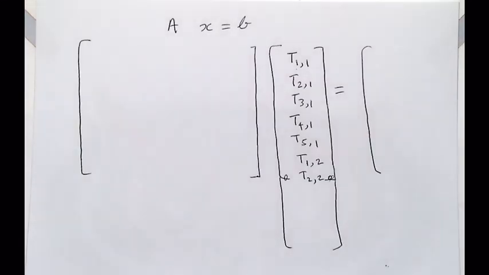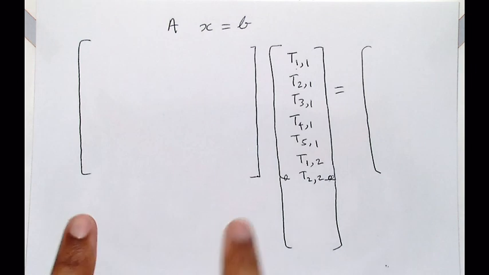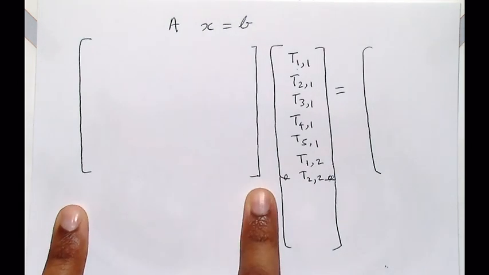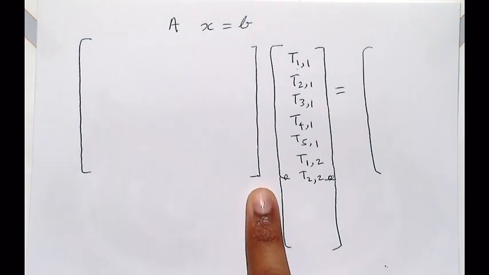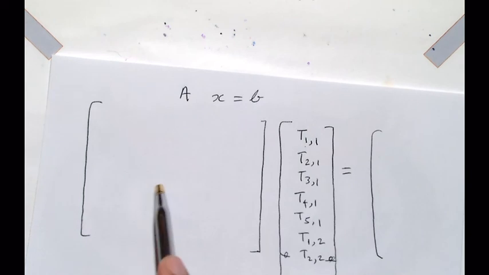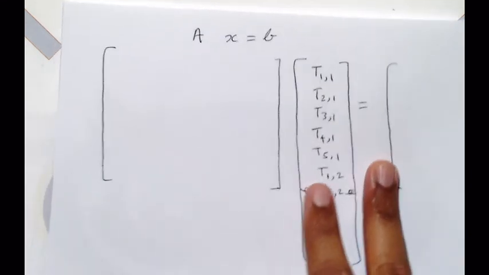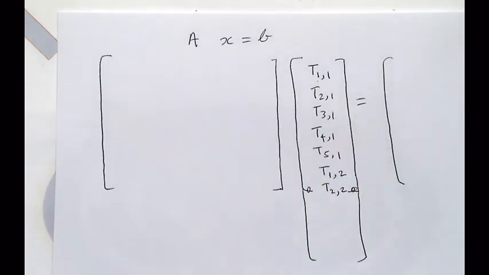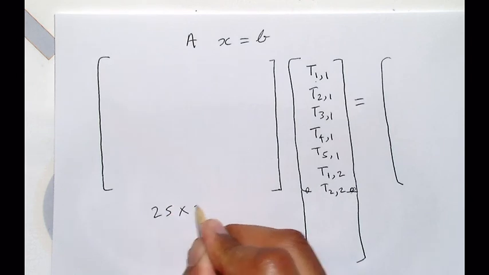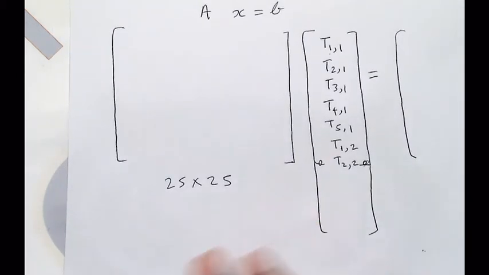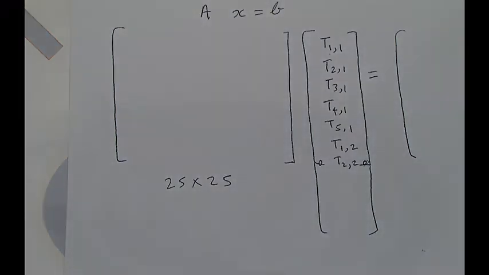And imagine, just for this very simple, very coarse problem, what is the matrix size? This is 25 by 1, so if it's a square matrix, 25 by 25. Yeah, this will be a 25 by 25 matrix. Just for this very simple toy problem. Imagine if we are doing 100 points.